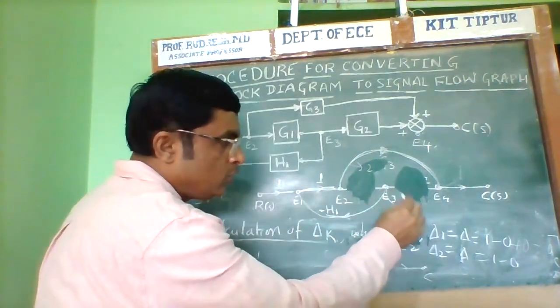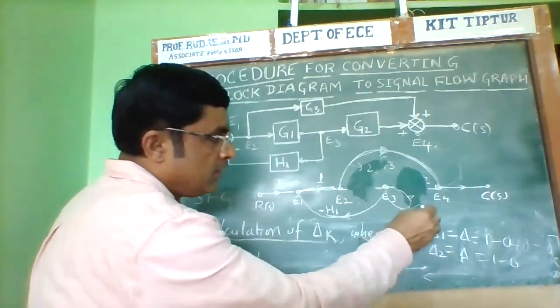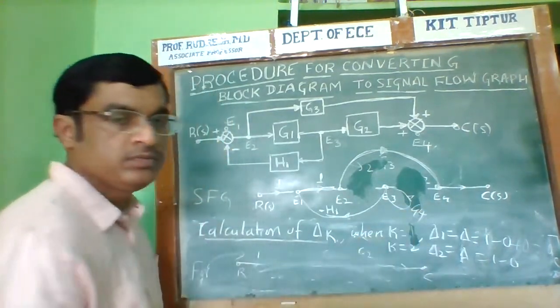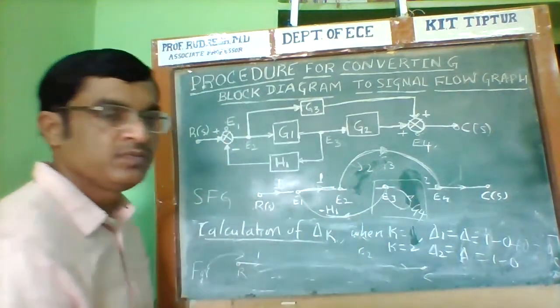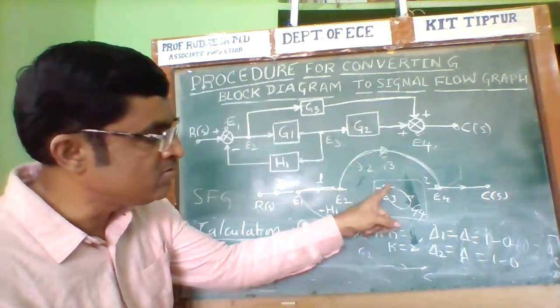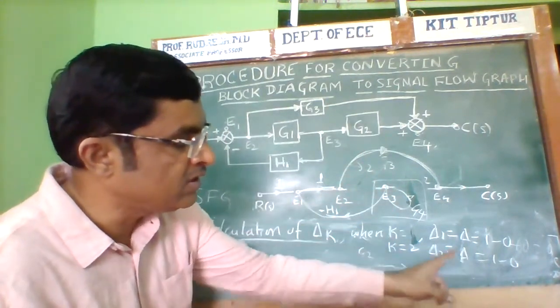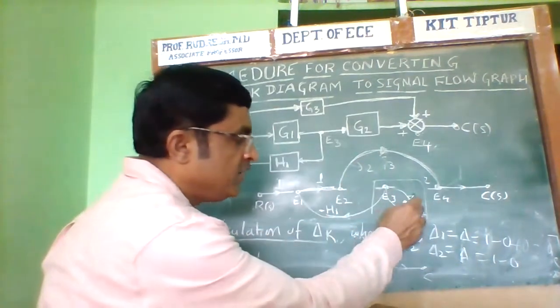Here, suppose there is a loop with G3, G4 and so on. Then this part is not touching the second path. Therefore, this is the loop that we need to write. Delta is equal to delta 1 minus the sum of loop gains, which is G4.